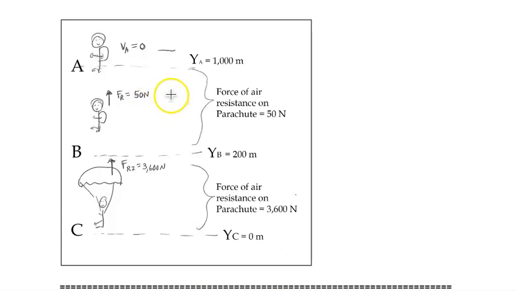They fall for some distance that the problem doesn't tell you directly. And with the chute closed, they're still going to hit some air molecules, right? So they're colliding with air molecules and they are experiencing 50 newtons of air resistance. When they open up the chute, they're going to trap more air molecules. They're going to literally run into more air molecules, and that increases the force to 3,600 newtons.